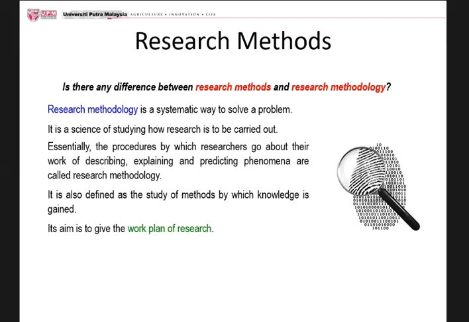It covers everything, including the methods, how to create a problem, how to create the objective, analysis, and maybe comparison, critical analysis with other findings, and towards the end, conclusion, recommendation and suggestion. So the aim is to give the work plan of research.